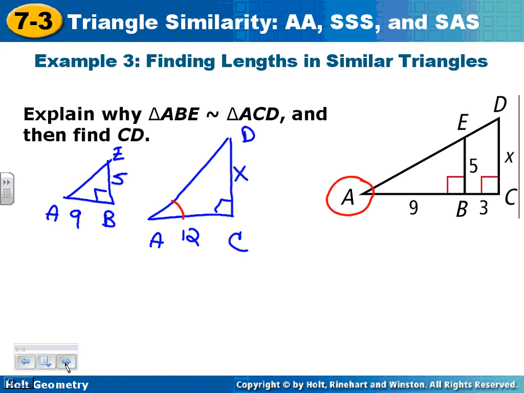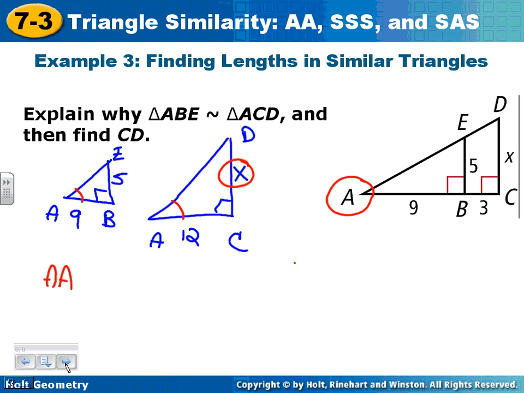So I can put an arc mark there and an arc mark there. So my first question is, are the two triangles similar? The answer is yes, because of angle, angle. I have two angles that are congruent.